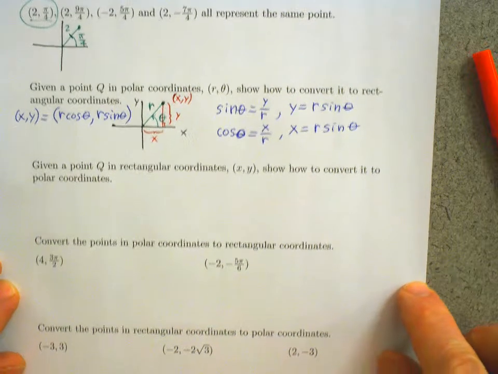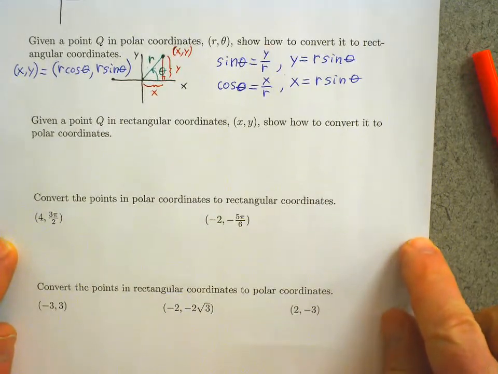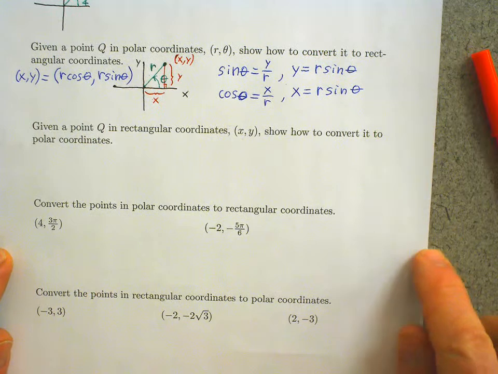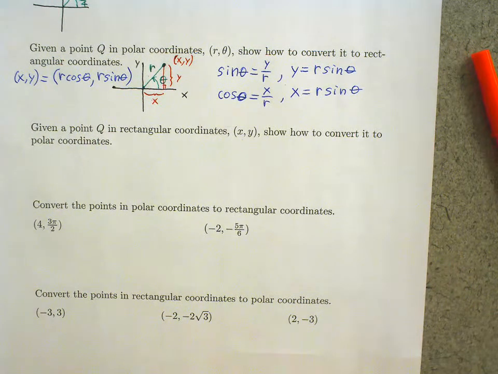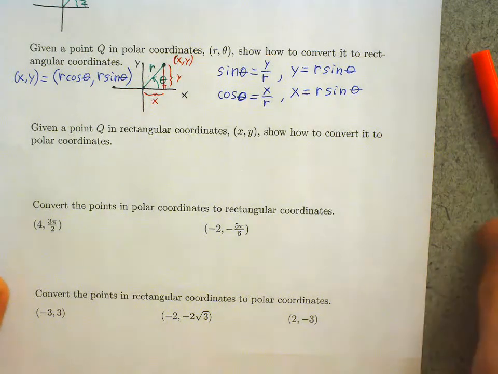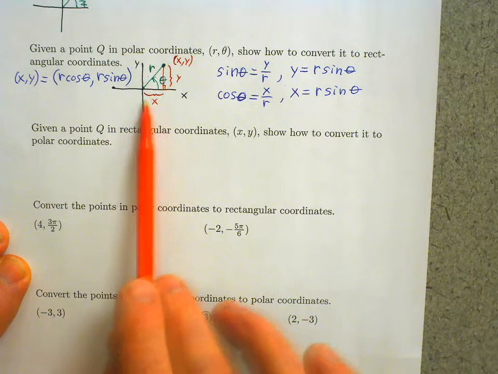Okay, now the other way around. Given a point Q in rectangular coordinates, x, y, show how to convert it to polar coordinates. Well, let's borrow this right triangle up here again.